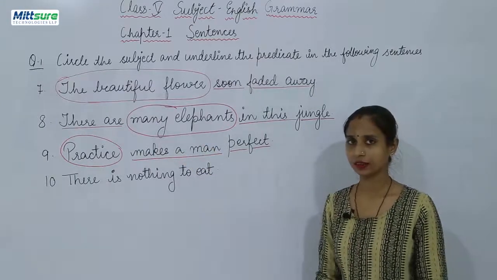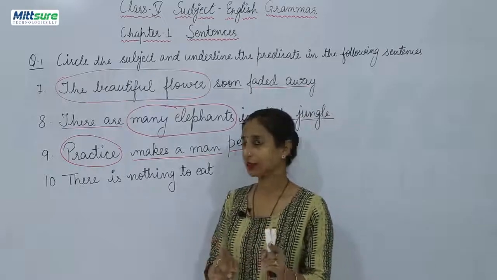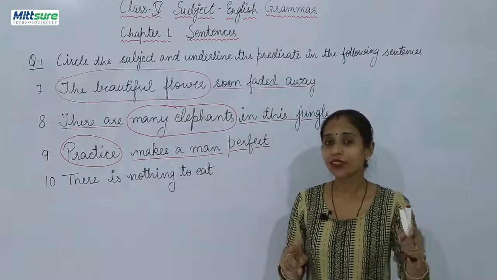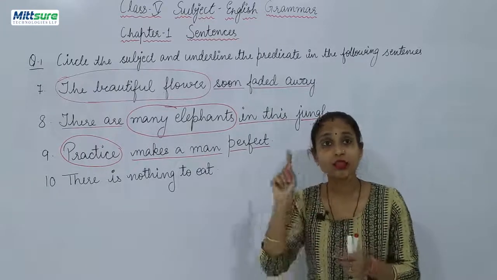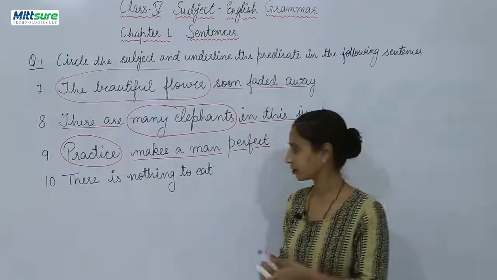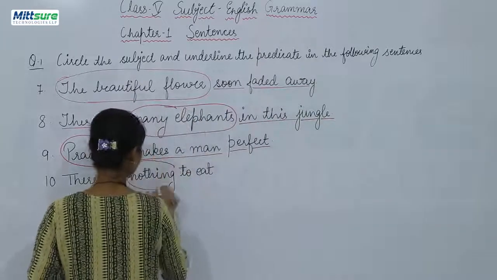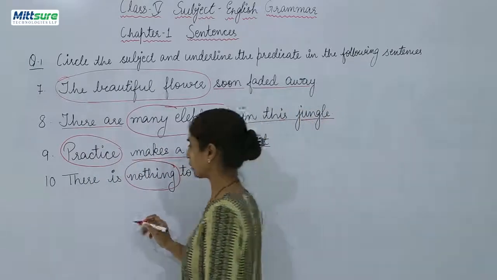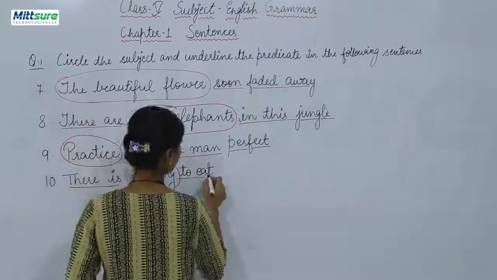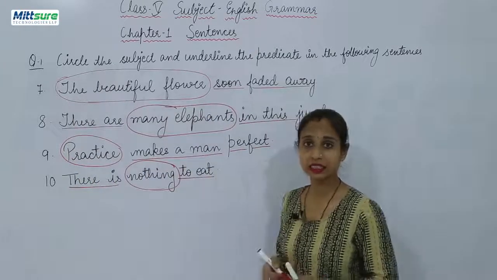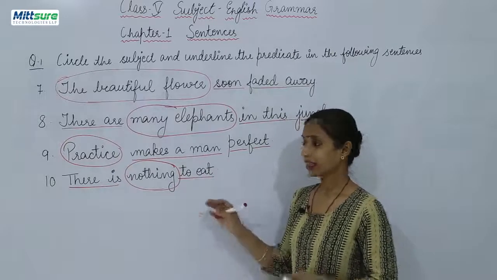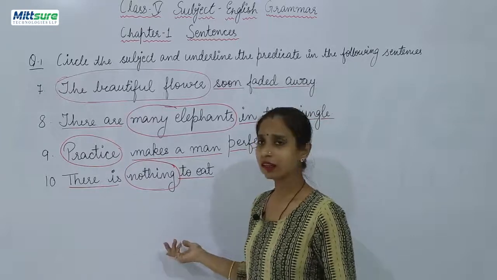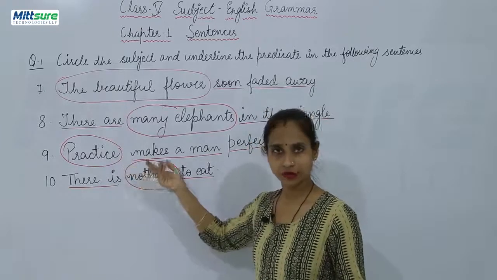What answer you are getting? Again I am asking. What is there to eat? Nothing. So nothing will be the subject. And there is to eat will be the predicate. I hope this is clear to you. Maybe it is a little confusing that nothing, we cannot touch nothing. So well, you cannot touch practice also, right?